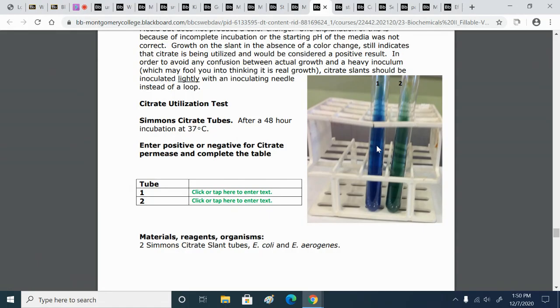E. coli was positive. Well, for IMViC, for all the tests, what was it? We have 4 tests. Oh, right.